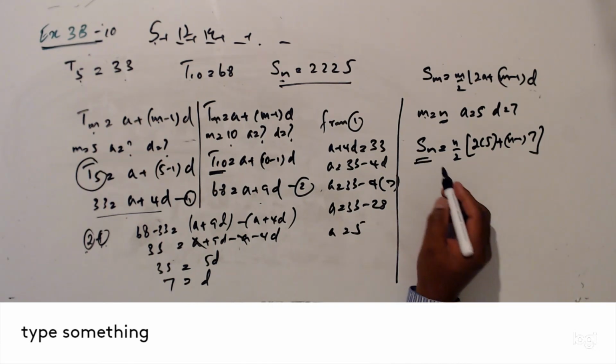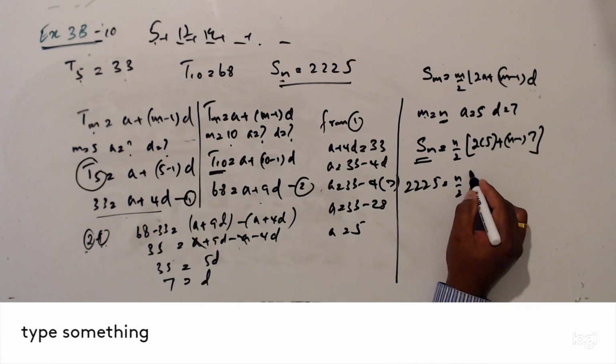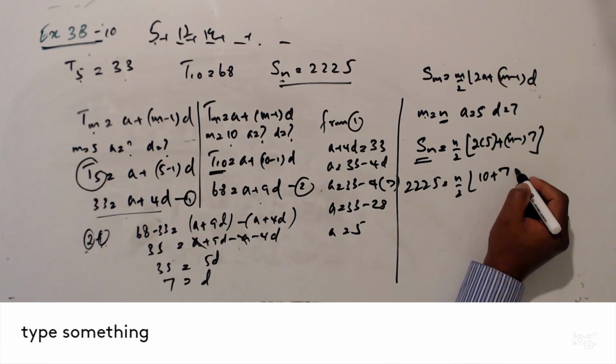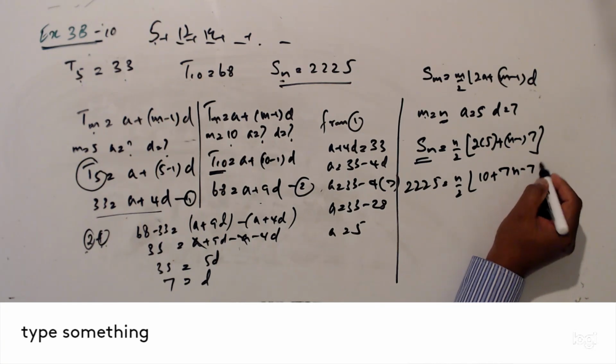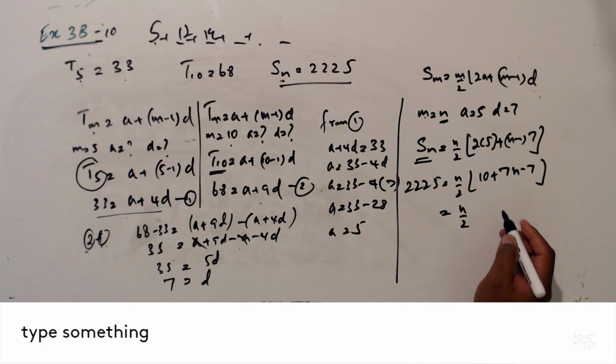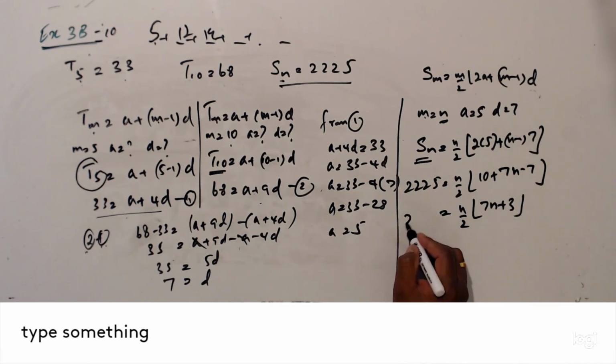Now Sn value we know is 225. n divided by 2 times 10 plus 7n minus 7, so n divided by 2 times 7n plus 3 equals 225.